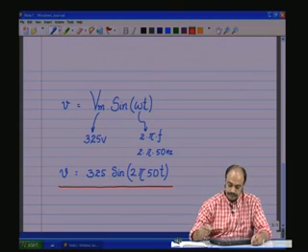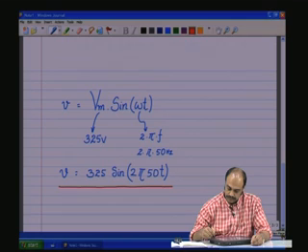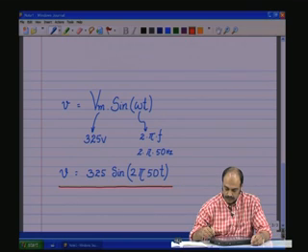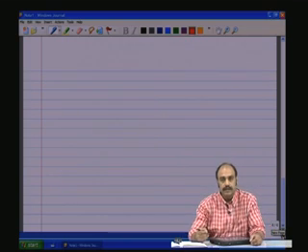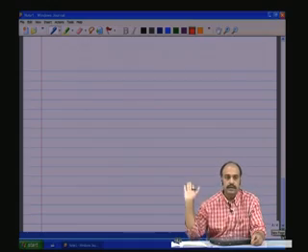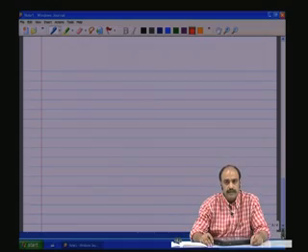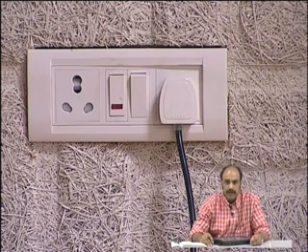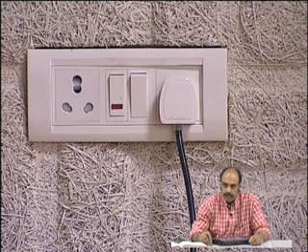Now, we saw that the wall outlet has this 3 pins type of configuration. One was the earth pin and the other 2 pins, the live and the neutral, across it you get a voltage waveform, and there is only one voltage waveform across that one, and this is a single phase wall outlet.